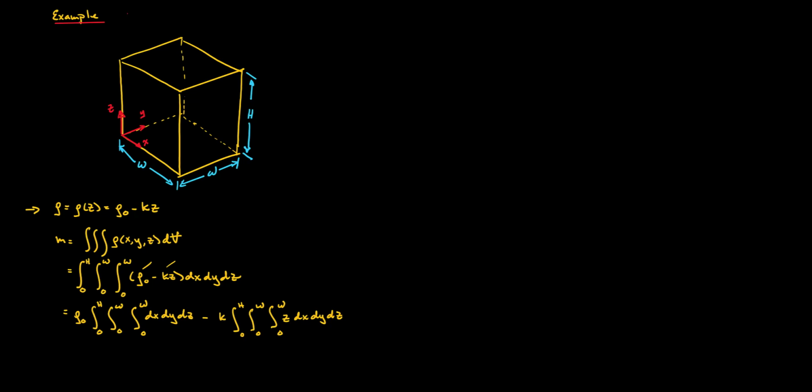And then finally, the integral from 0 to h of dz, it will just be z, evaluated from 0 to h, so that's just h. So what we have here, we have rho naught multiplied by w squared h. And this here is just your volume.